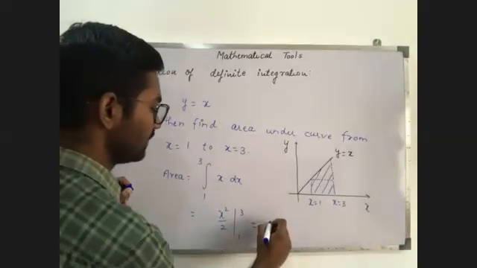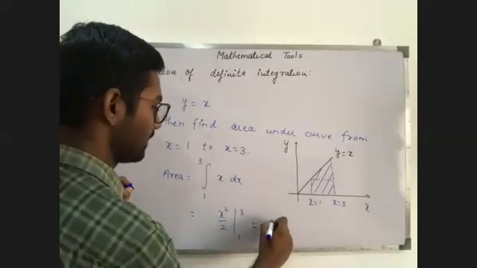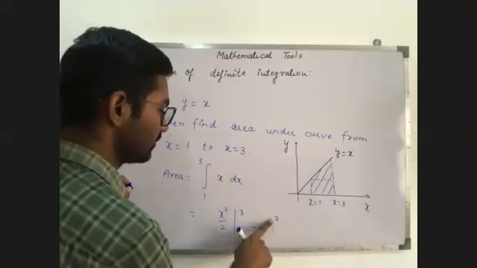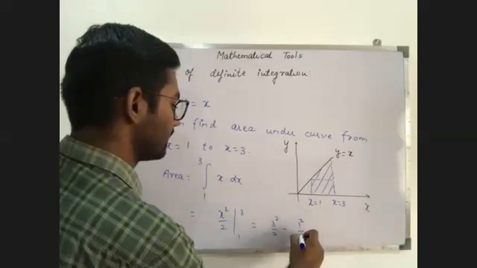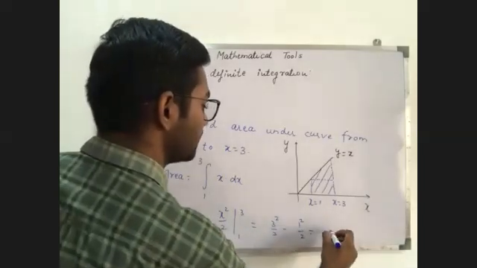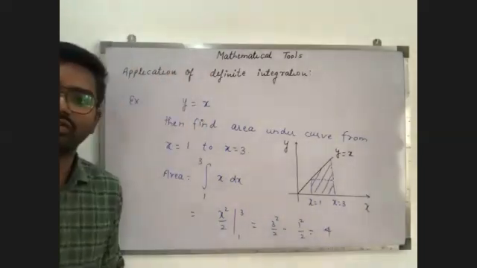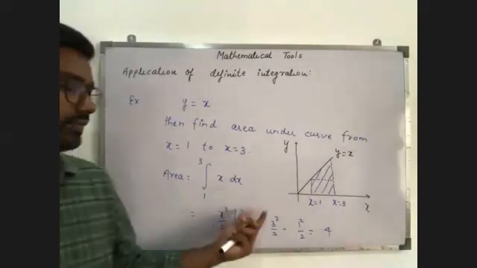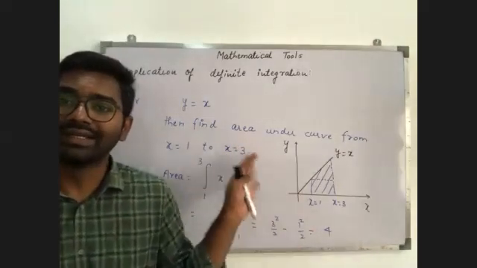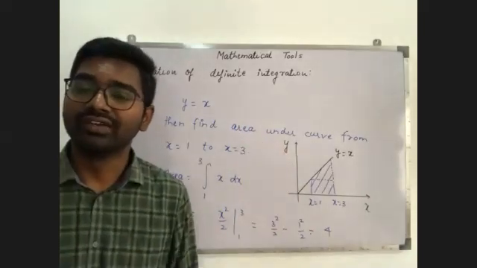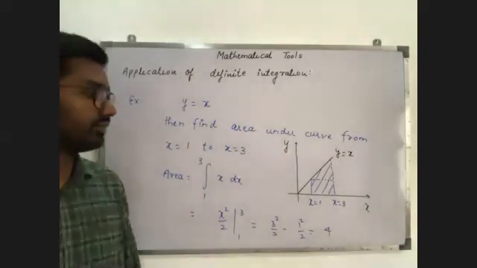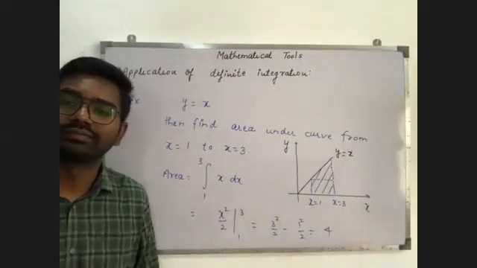Put the value 3: 3 squared divided by 2, minus 1 squared divided by 2. That is 9 minus 1, 8 by 2, that is 4. Is it clear? How we are going to use the definite integration method to find the area under the curve? Is it clear, guys?